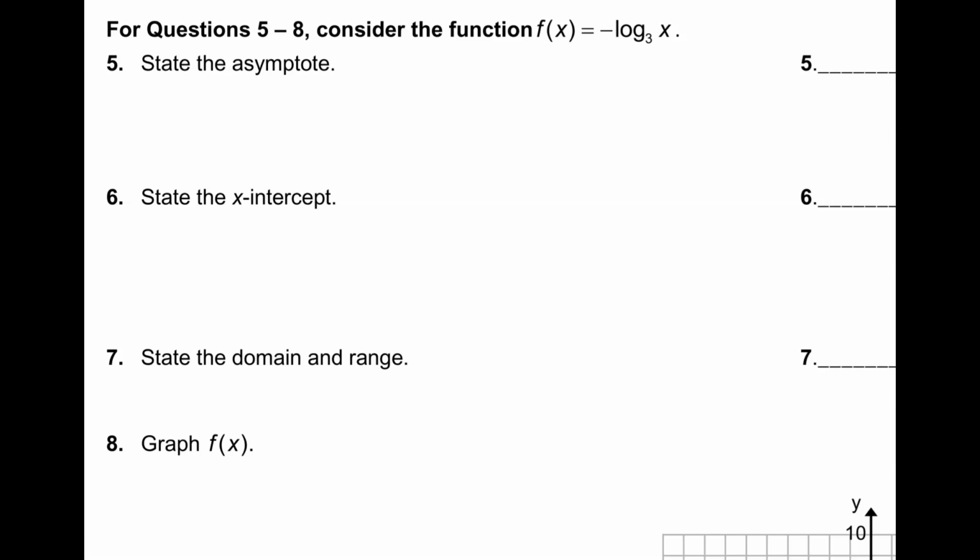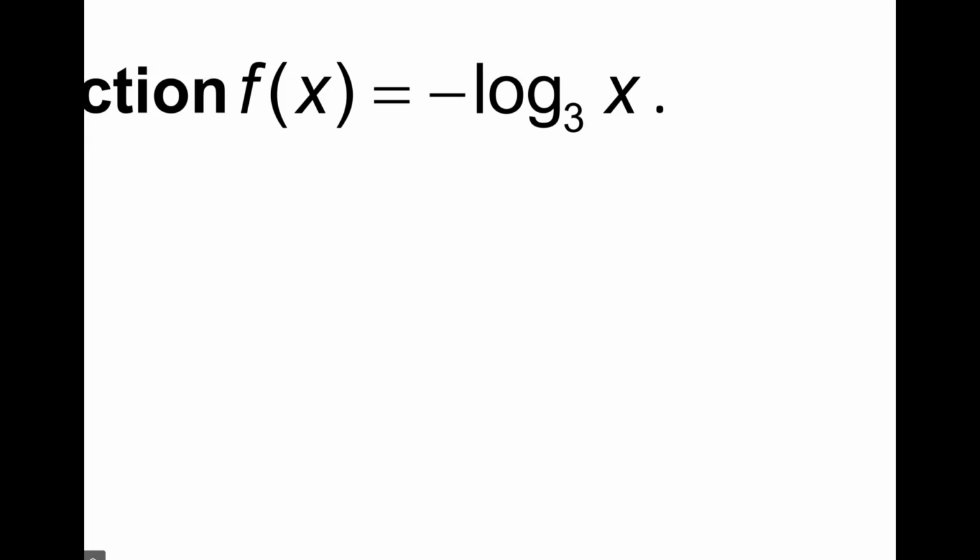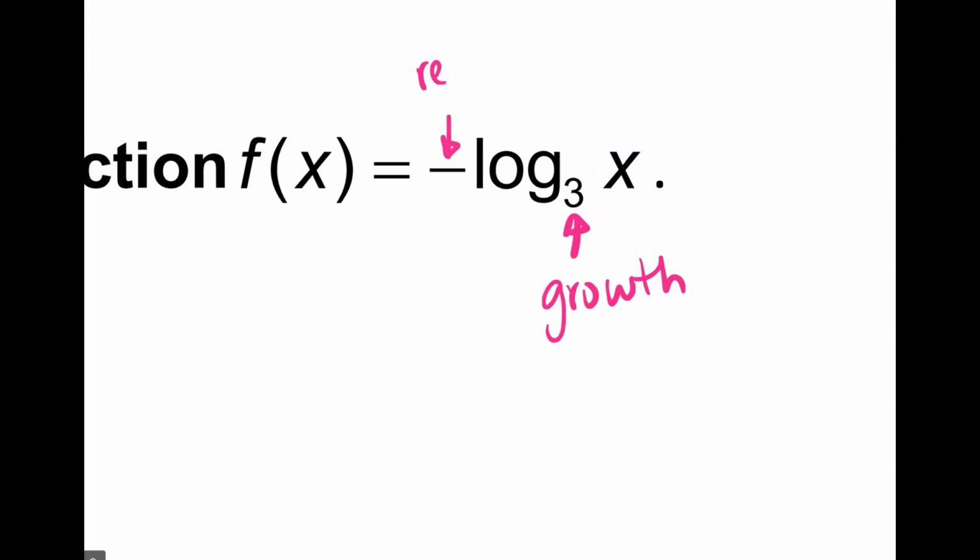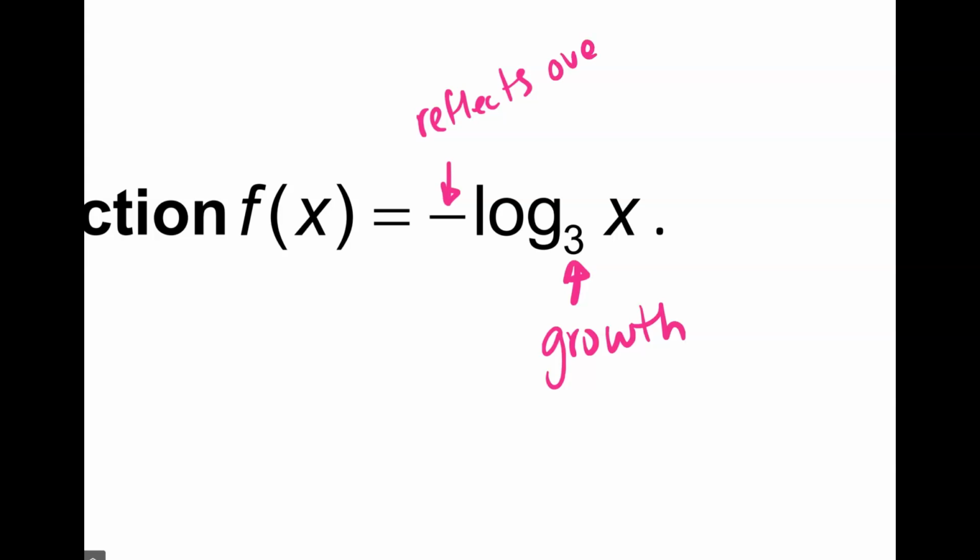So if we look, there's two things going on, all right? We have to first decide, is this growth or decay? 3. 3, is it growth or decay? Growth. And the negative in front, what does this do? Reflects over x-axis. Now, you're not required to write this stuff, but it takes you a couple seconds.